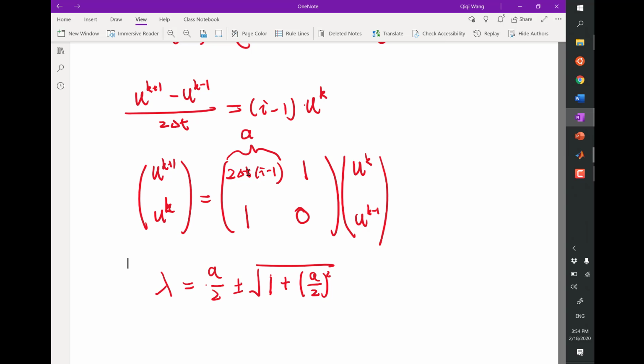As long as A has a real component, the magnitude of lambda is going to be greater than 1, and that's what's causing the oscillations. The oscillations are made smaller if you take delta t to be smaller, so A is closer to 0. Nevertheless, we are going to have a slowly growing oscillation that ultimately makes the solution meaningless.